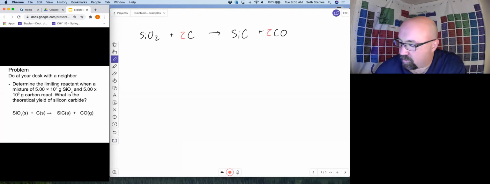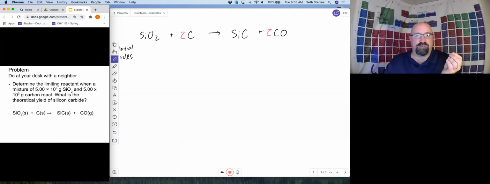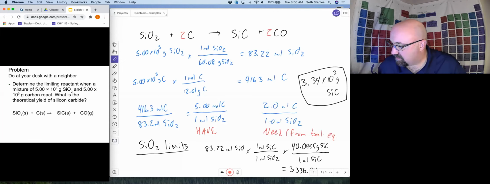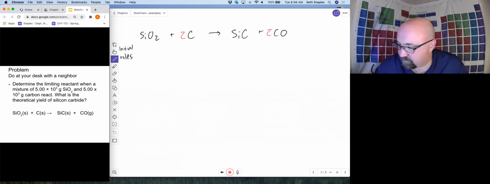And so the first thing in our table is going to be our initial amount of moles of each of our reactants, or of each of the items in our equation, really. And so we're going to do the same thing that we did before and convert our given amounts to moles. And if we recall, I'm just going to go back to cheat, see what those were. We had 83.2 moles of our silicon dioxide.